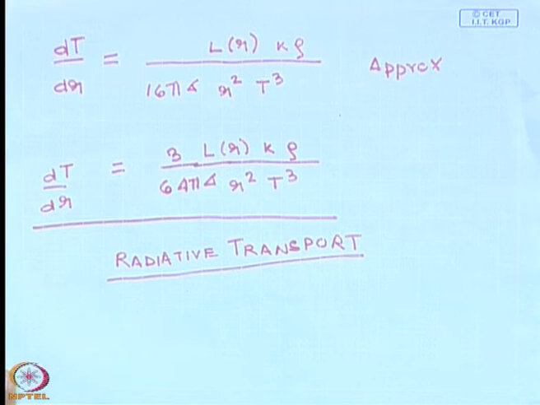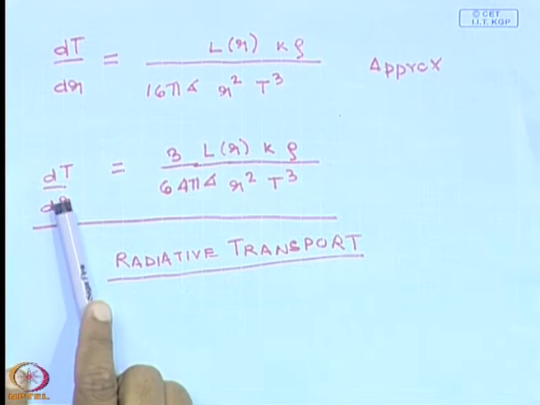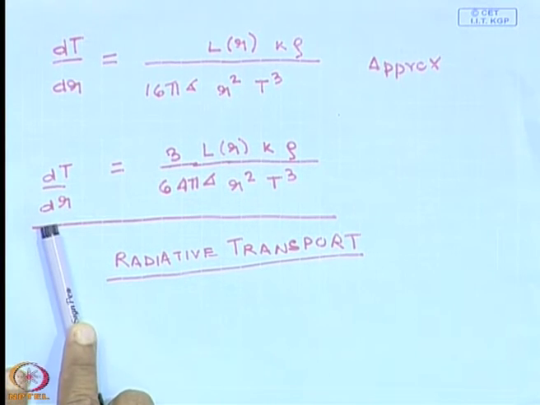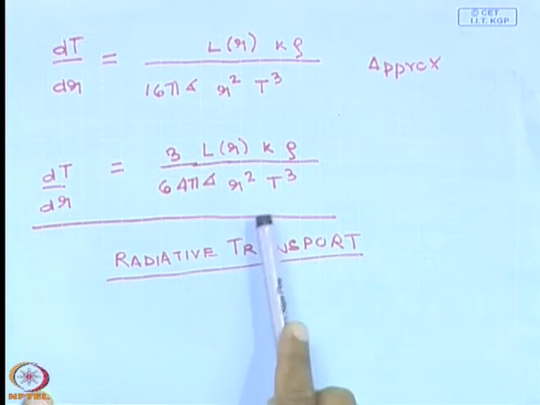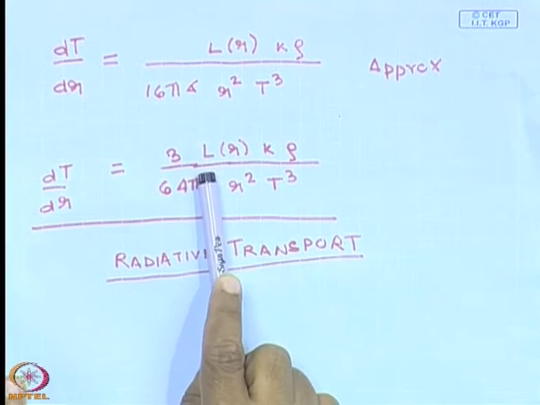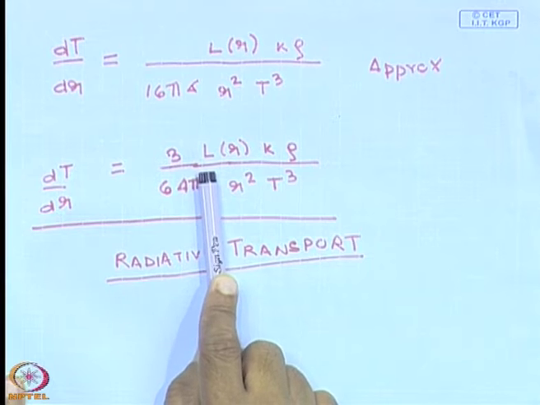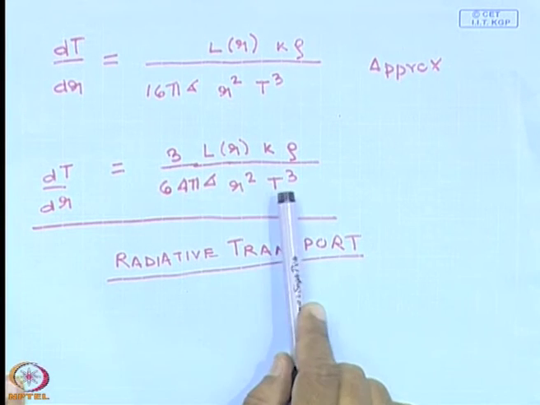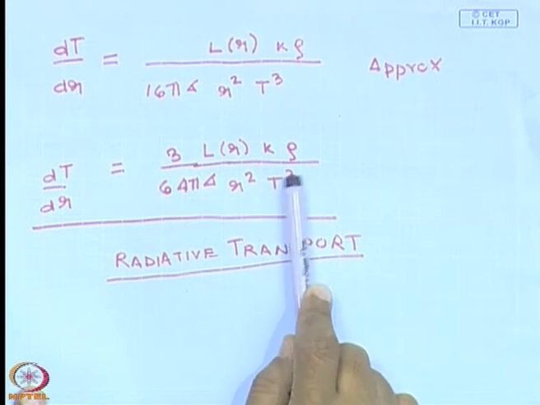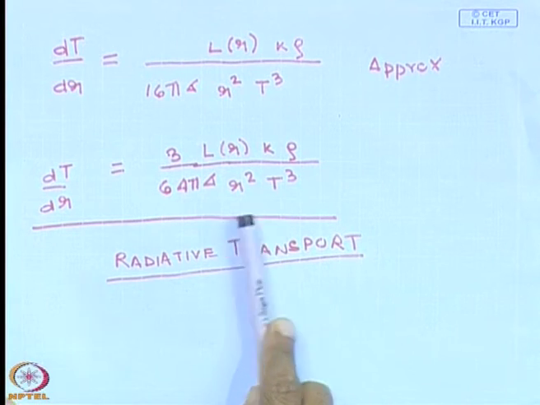In such a situation, the temperature gradient at any point is determined by the luminosity at that distance from the center, the opacity at that position, the density and the temperature. It involves all of these factors.